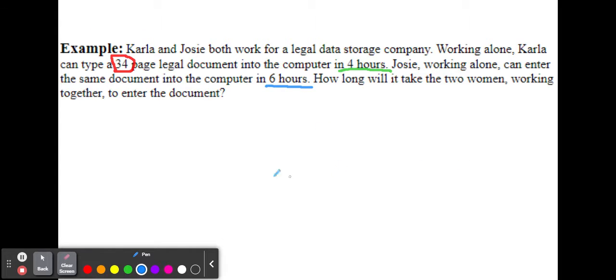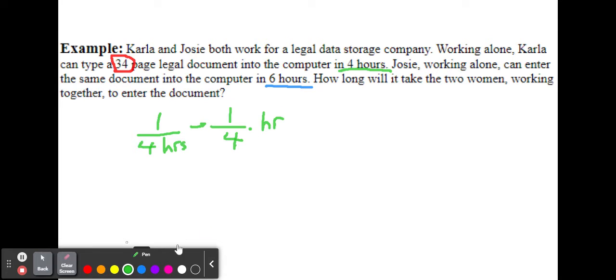If you think about their different individual rates, Carla is doing one job in 4 hours, so that would make her rate a quarter of the job every hour.